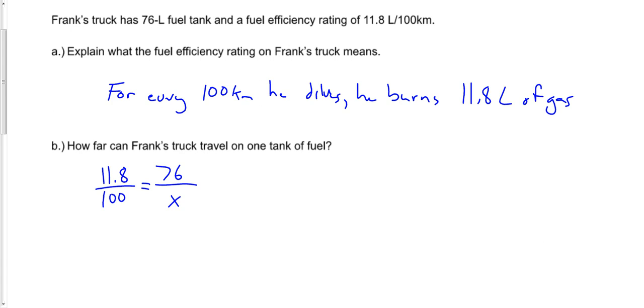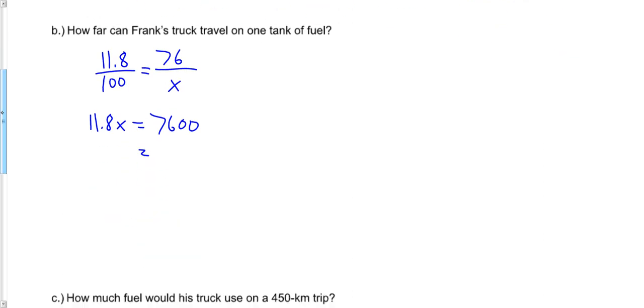This is a ratio question, so we're going to use our cross multiplying skills. We multiply 11.8 times x, which is equal to 7,600 liters. Then we solve for x by dividing both sides by 11.8.